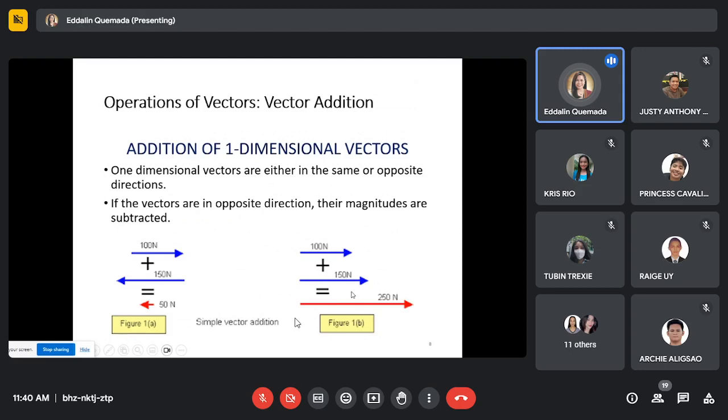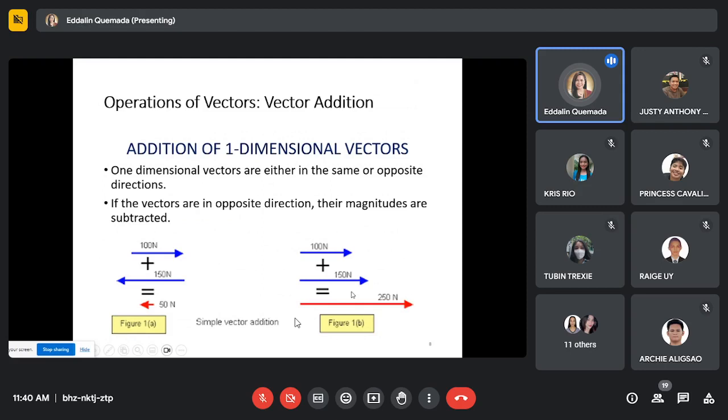So, kung two-dimensional na ganito, we can still apply the methods that were mentioned earlier, pareha sa inyong gi-perform sa lab, katong head to tail, o kaha parallelogram, applicable.